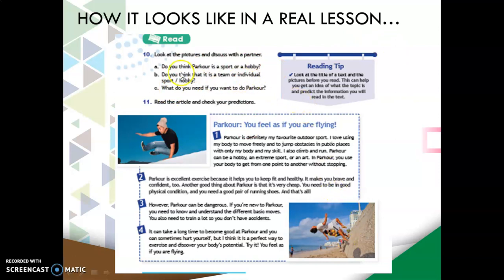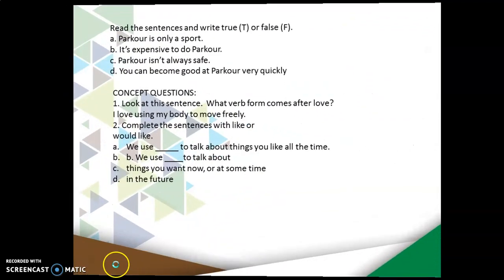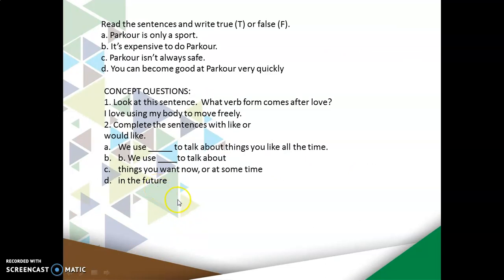For example, we can ask them, do you think parkour is a sport or a hobby? Do you think that it is a team or an individual sport or hobby? What do you need if you want to do parkour? Then you read the text, and after that, to verify those predictions that they gave us as answers to the questions we provided at the beginning.